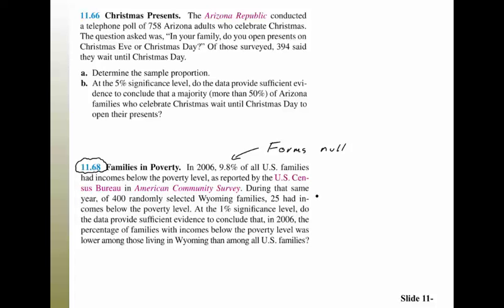That is going to form our test statistic. And what are we testing? We're testing to see if, based on that sample, the poverty level is lower than this one.